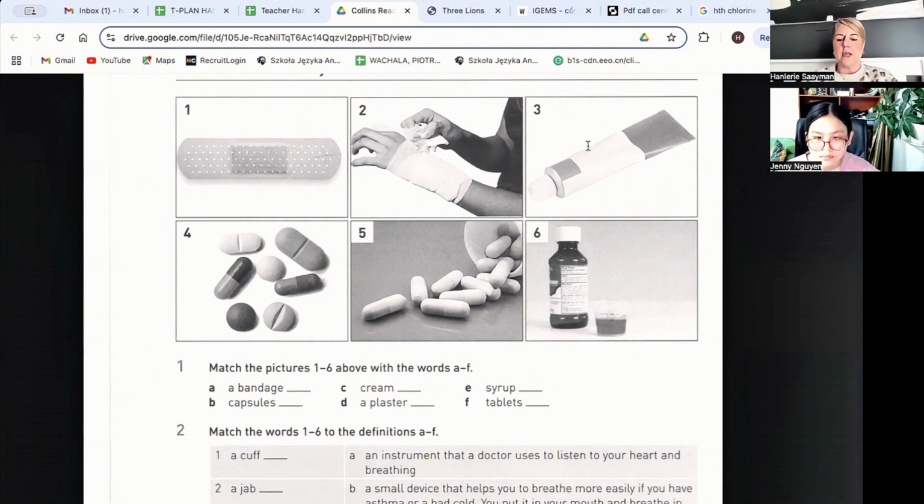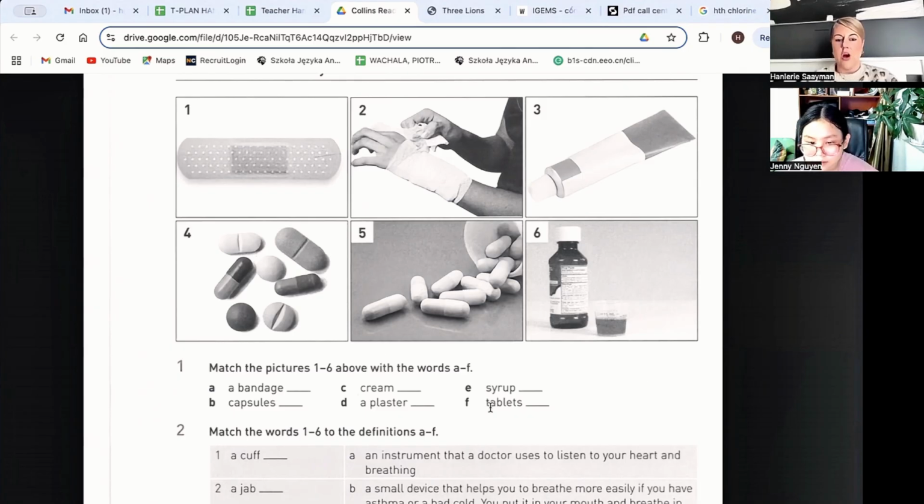What is number 3? Just a cream. Cream, well done. What about number 4? Medicine. Which one would you say? What is the difference between a capsule and a tablet? Maybe tablets?